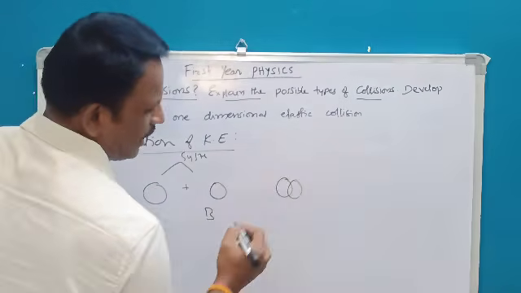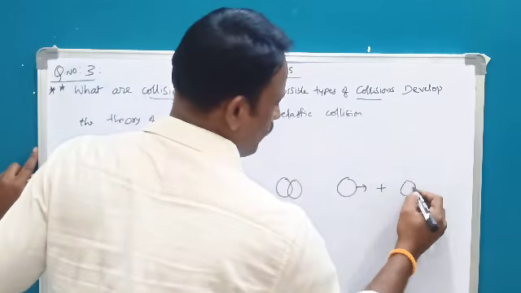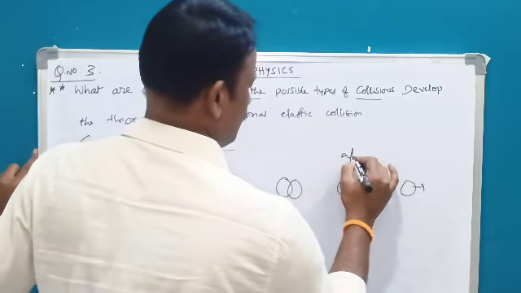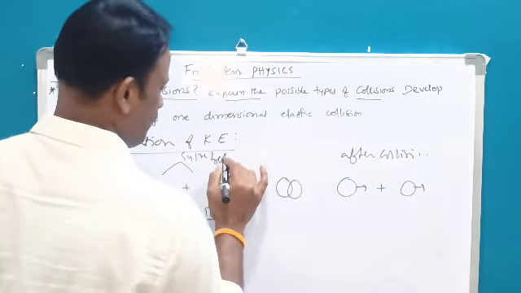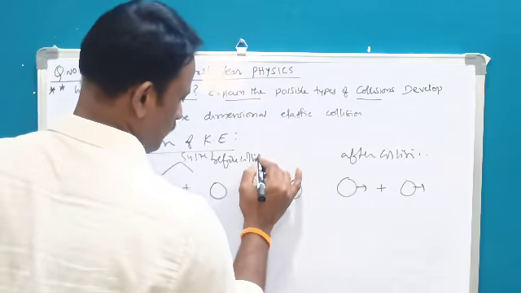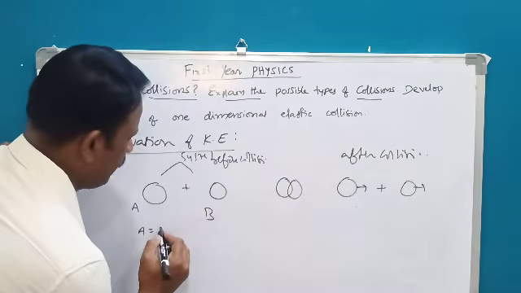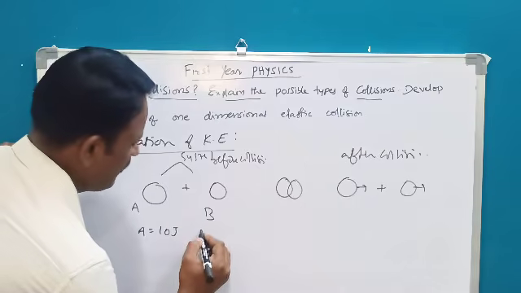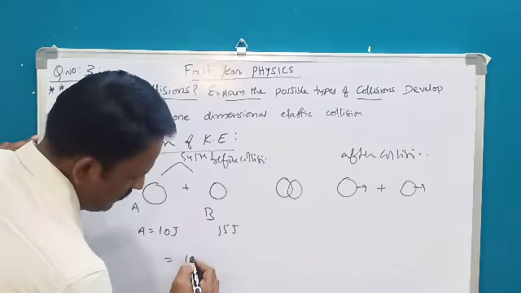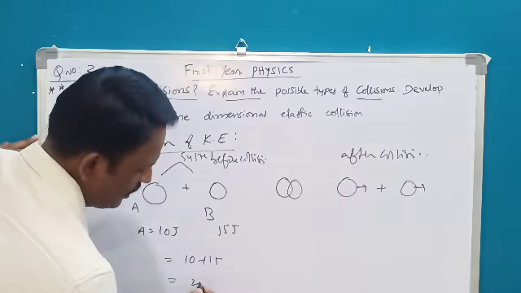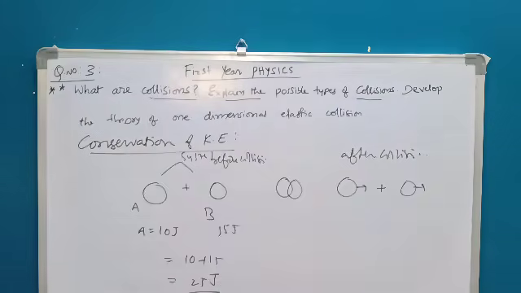They collide with each other and then move separately after collision. This is before collision. Say for example, A has an energy of 10 joules and B has an energy of 15 joules. Together, 10 plus 15 means 25 joules of energy they have as a system.